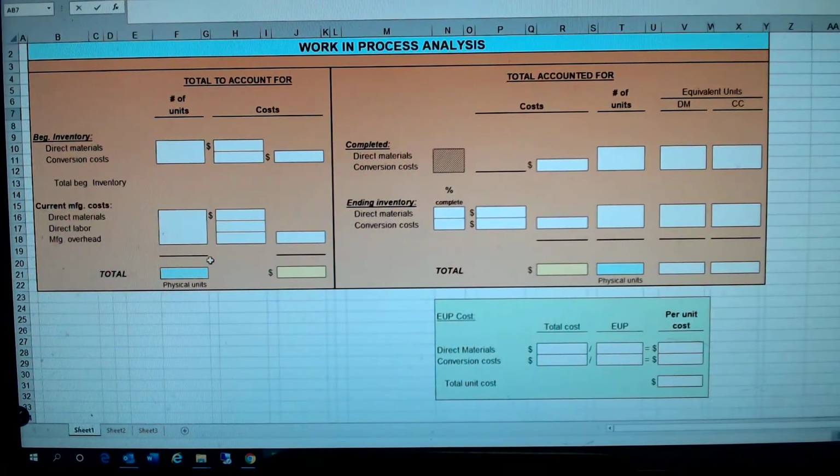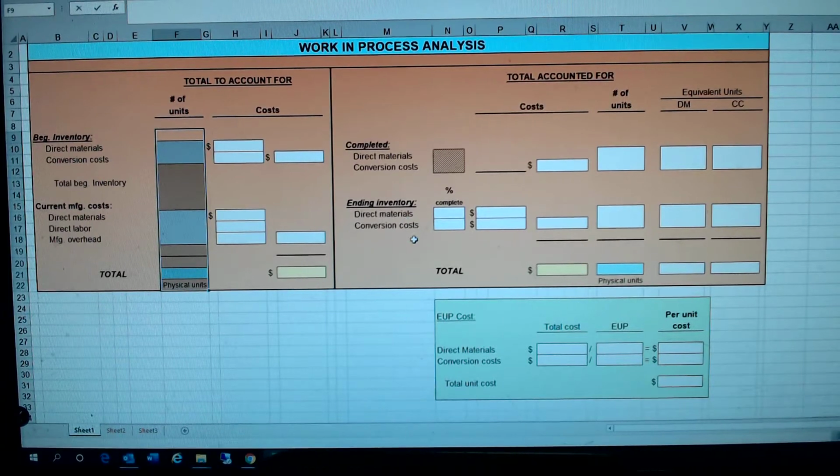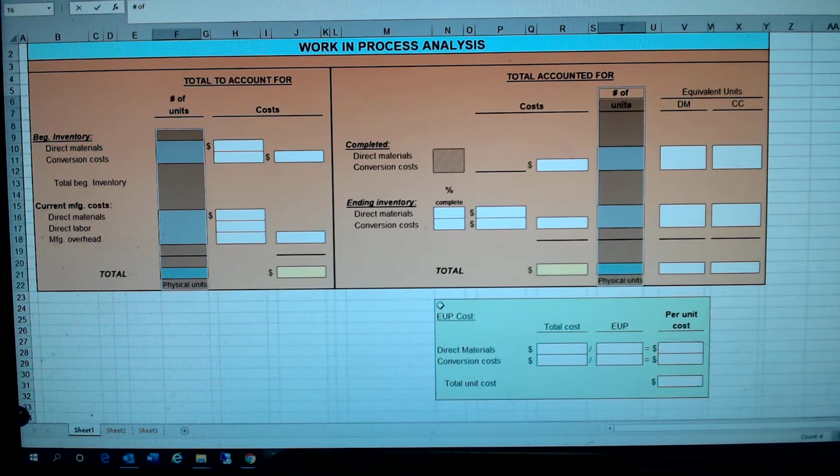Know how many units I started with, and then how many brand new ones I actually began during the month. That's the total number of units to account for. Where are they now? Well, this is the number of units that I've completed and the number that are still here. Those two have to match. So what we're doing is just getting a handle on the physical units.